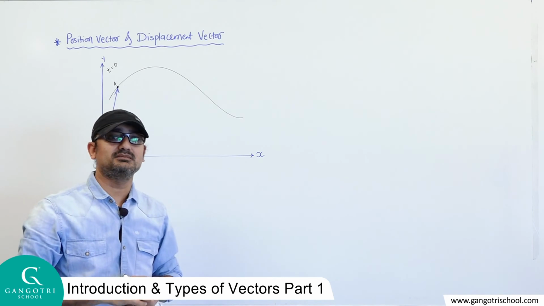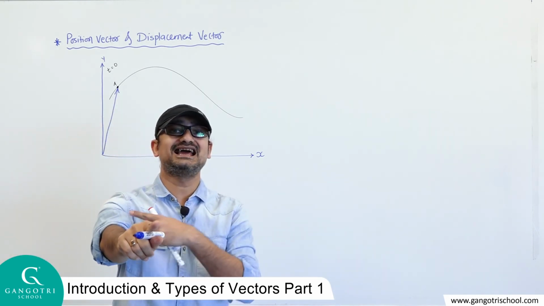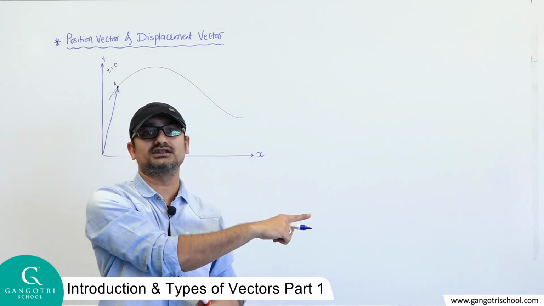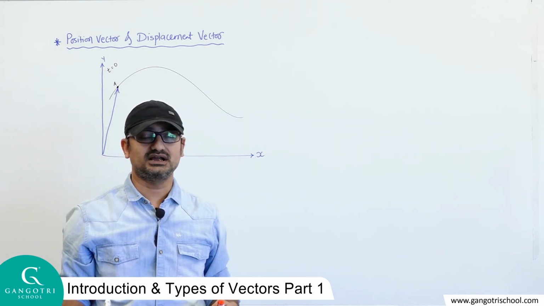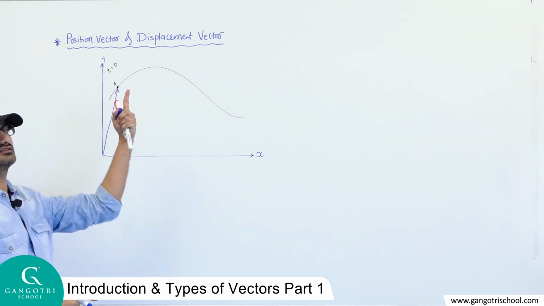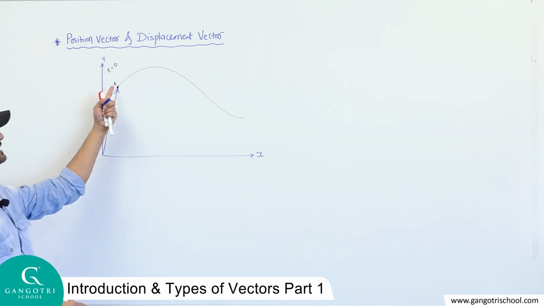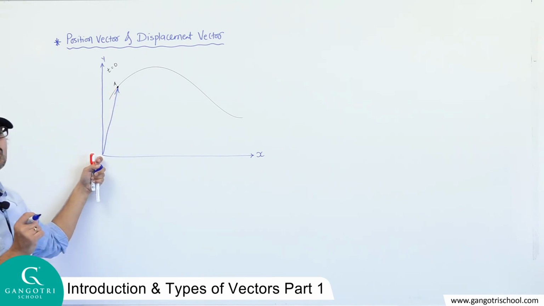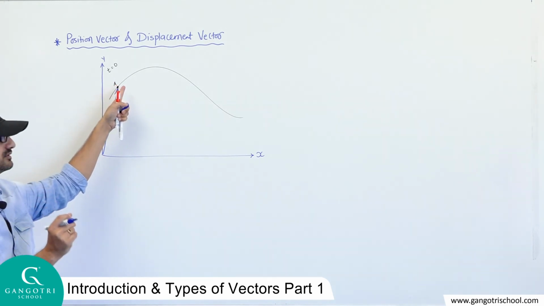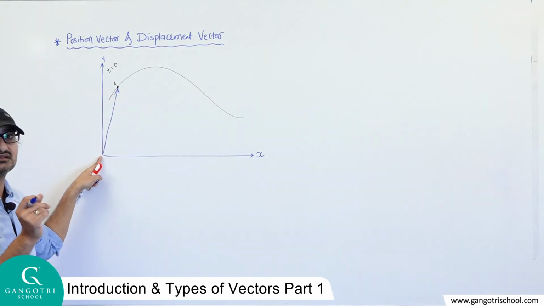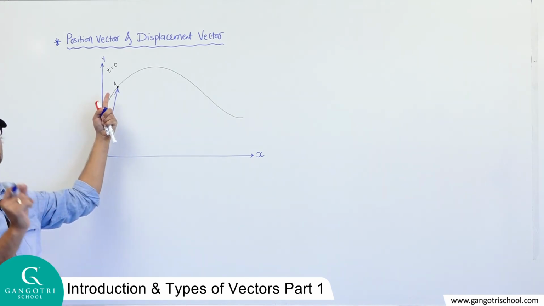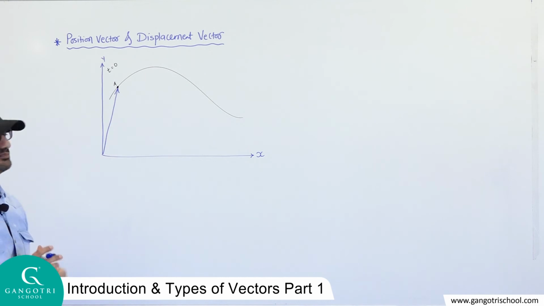So many times we use our hand to represent something, like look at the fan, look at the ball, look at the tube light, etc. In the same way, this arrow represents the position of the particle with respect to the origin. The head of the vector is at the particle's position and the tail of the vector is at the origin. So this arrow represents the initial position of the particle.